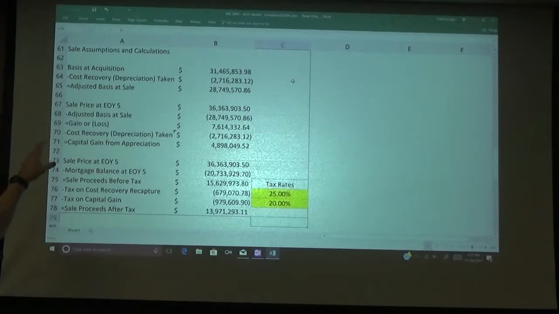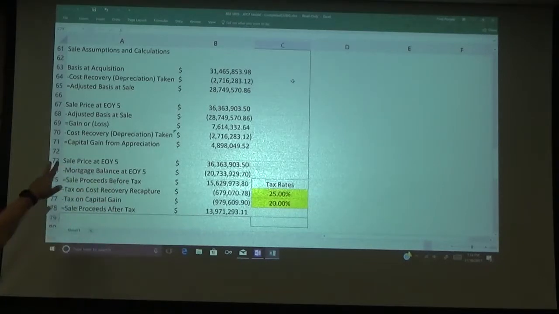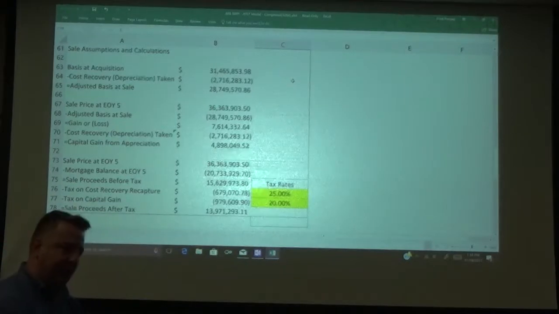Then, from that, we do another little subroutine: take the sale price of what we sold it for, and subtract out that adjusted basis that we just calculated. That's our gain of $7.6 million. Then we have to subtract back out the cost recovery depreciation to figure out the overall gain from appreciation in the property.